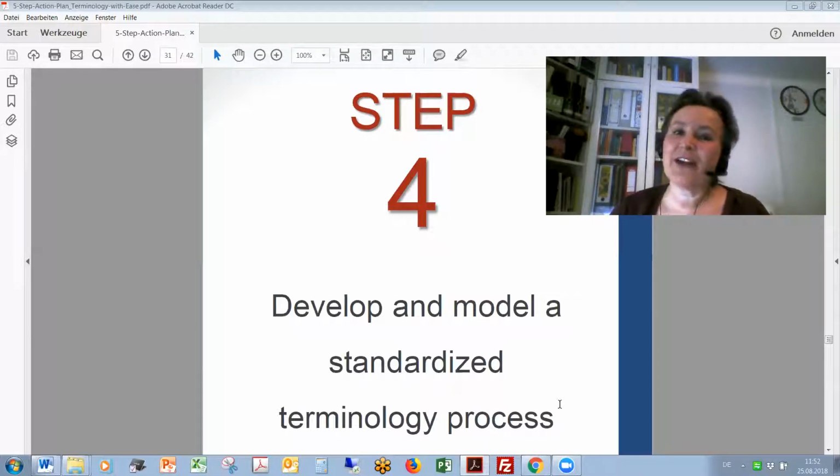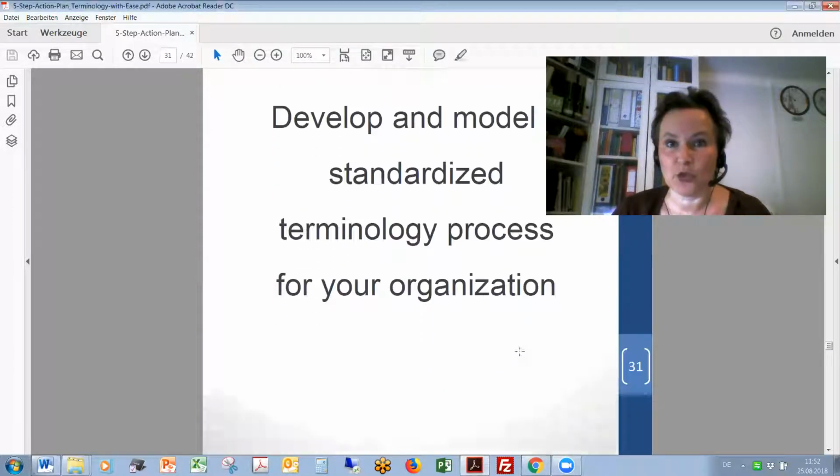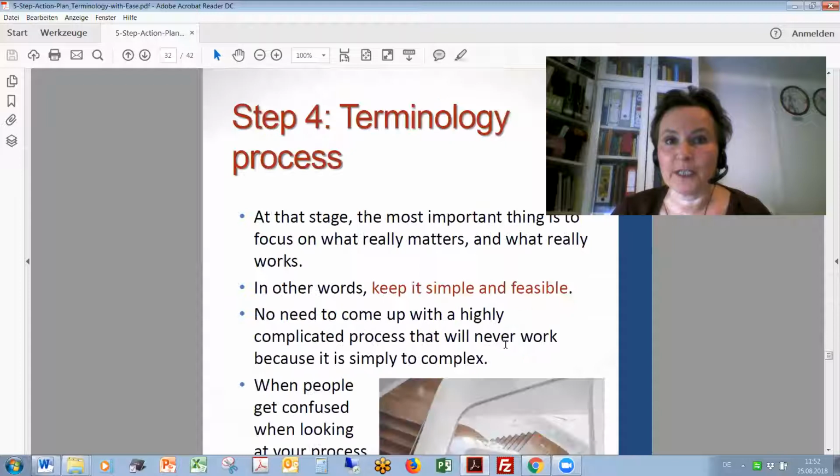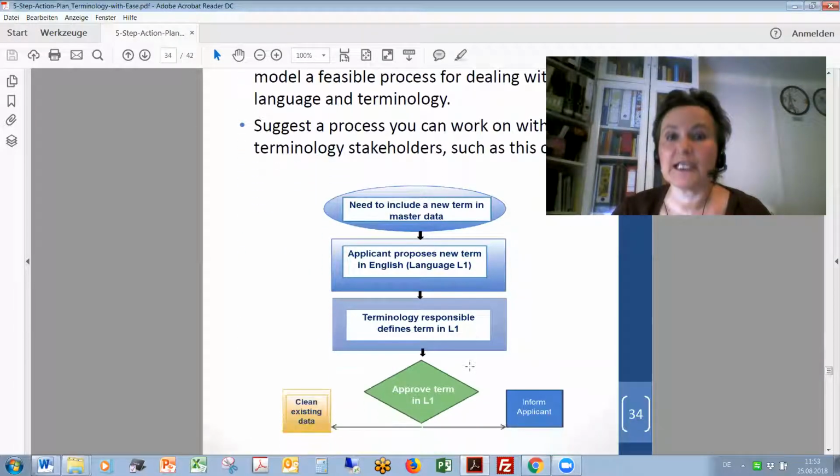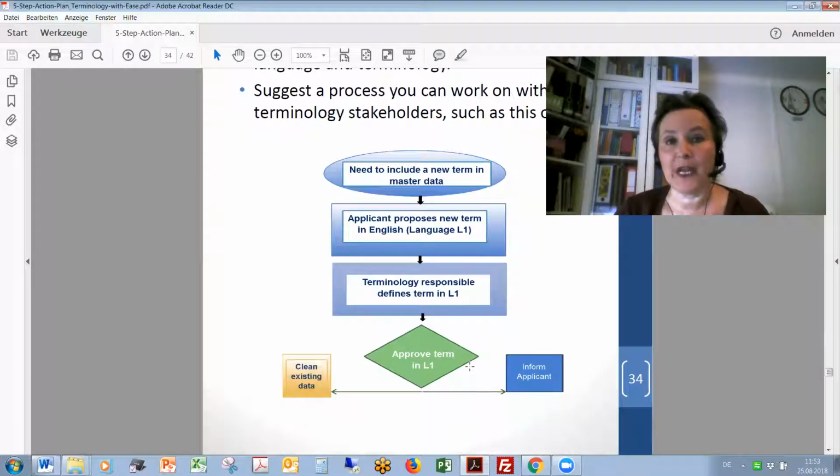So in our 5-step action plan, we have a great, very simple, actually, process structure to offer you, to show you. It is from a wonderful colleague, Annette Weiland, who wrote a doctoral thesis, dissertation, about processes at Daimler, a large car manufacturer, Daimler-Benz, so Mercedes-Benz.